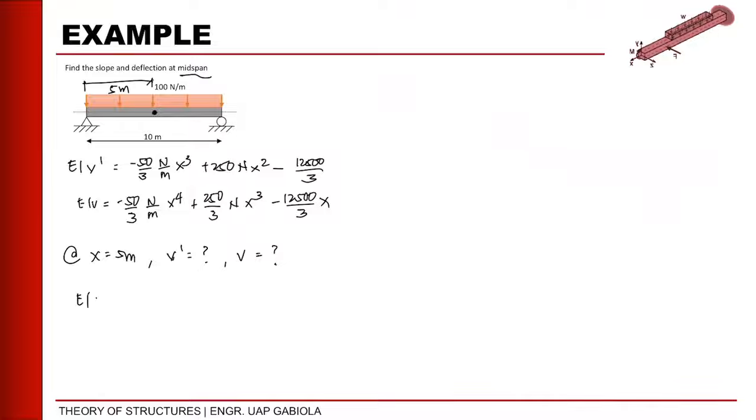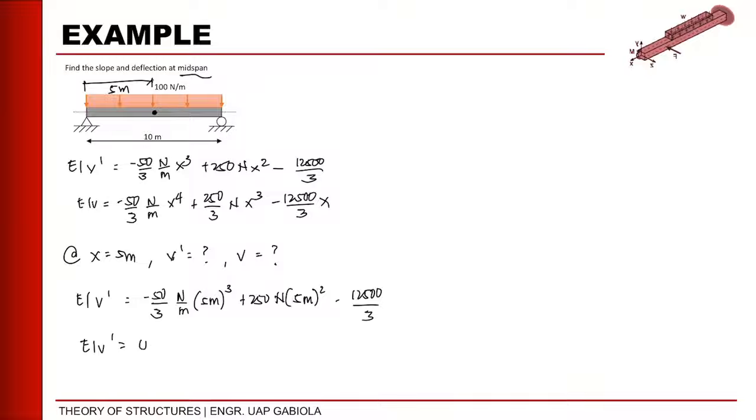EI v prime is equals to negative 50 over 3 Newton per meter times 5 meters cube plus 250 Newtons, 5 meters squared minus 12,500 over 3. So EI v prime natin is equals to negative 50 over 3 times 5 cube plus 250 times 5 squared minus 12,500 over 3.